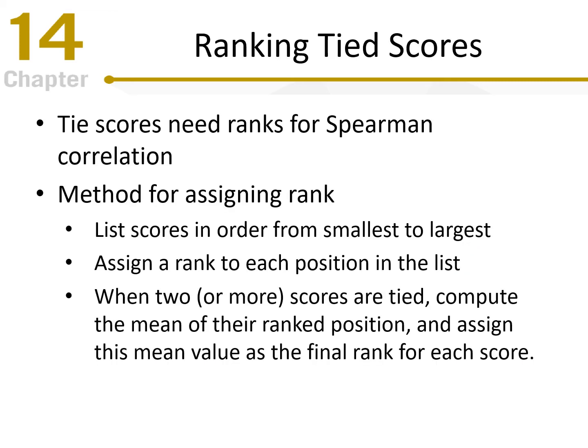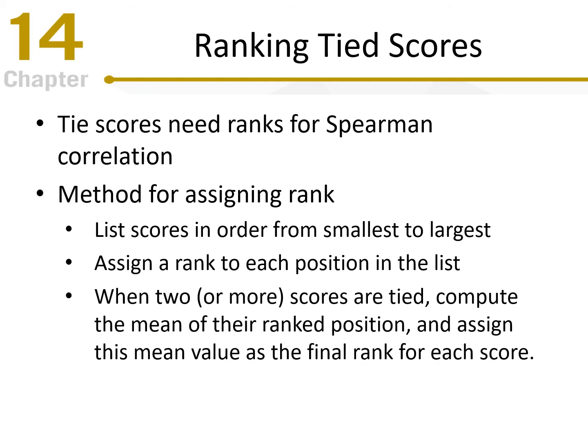Now for Spearman's rho, when you're dealing with ordinal data or a monotonic, nonlinear function, the scores need ranks, and so you assign the mean rank to all your tied scores. So if you have a tie between ranks 1, 2, and 3, you'd find the mean of 1, 2, and 3.